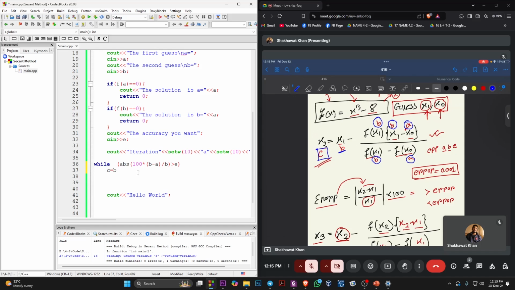B equals B minus f of B multiplied by B minus A divided by f of B minus f of A.